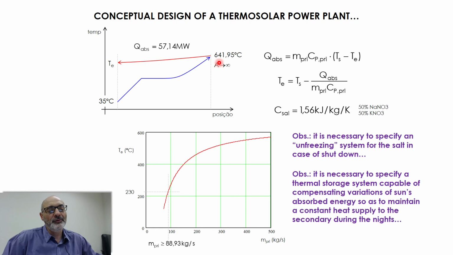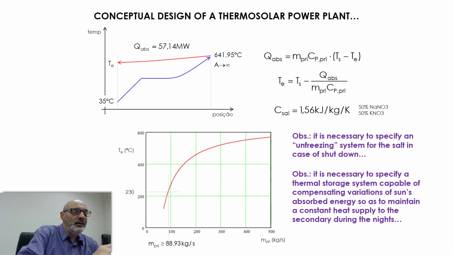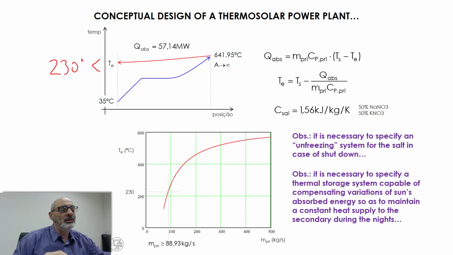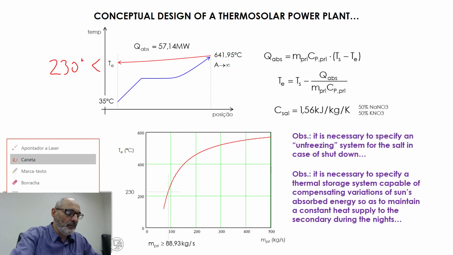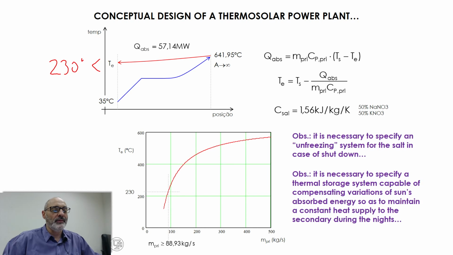Its temperature is dropping from 642 to TE, and we know that TE, as I mentioned, must be greater than the melting temperature of the salt, which is 230, okay? We're going to calculate something, the necessary heat capacity. Okay, so this is the primary side, and this is the secondary. Its temperature is rising from roughly 35 degrees to 642, okay?